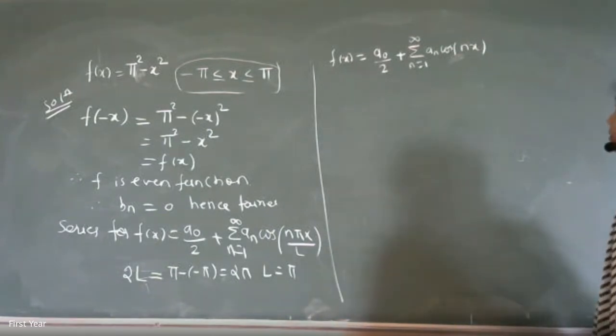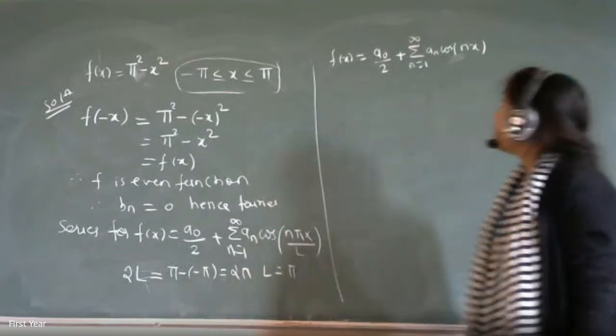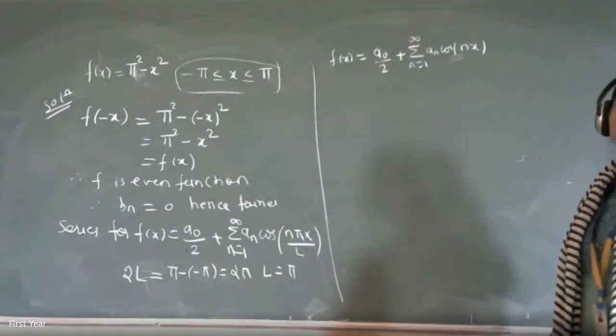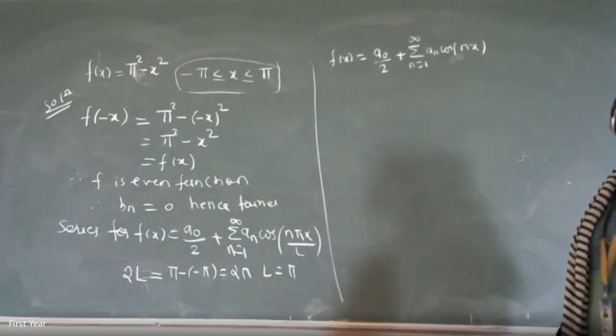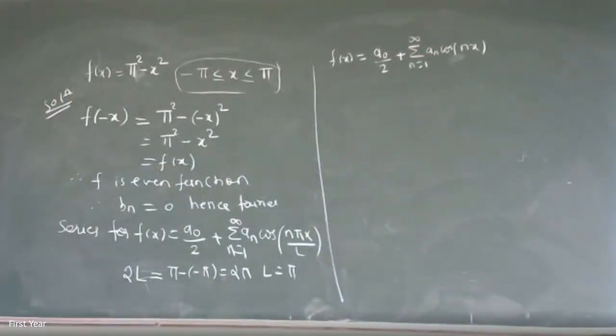Yes, ma'am. l is equal to pi, so pi and pi will get cancelled and you get cos nx. Clear? Yes, ma'am. So now go ahead and find the value of a naught and an.